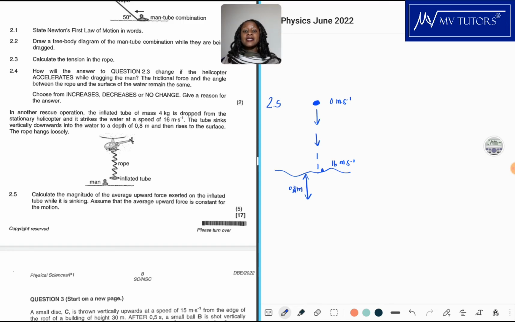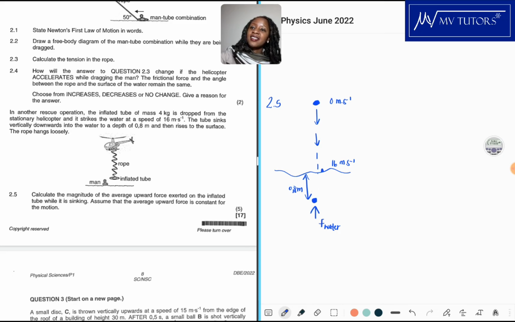If there was no upward force from the water, then it would have remained there. But because the water is like a foreign object, it goes back to the surface. So let's say the tube is there. There is an upward force, the force of the water that is causing it to go back to the surface. But also this has its own weight.